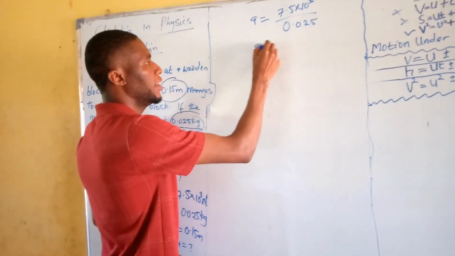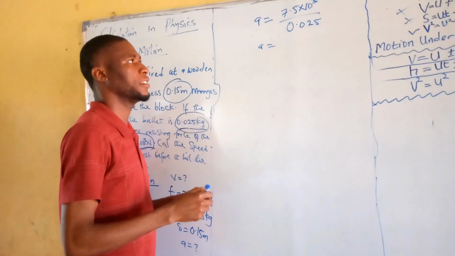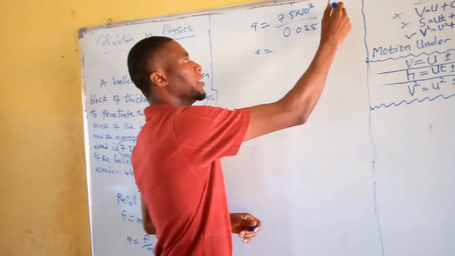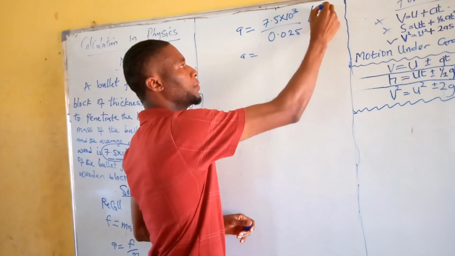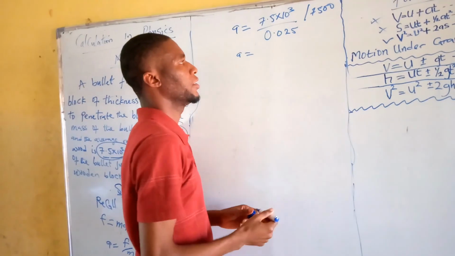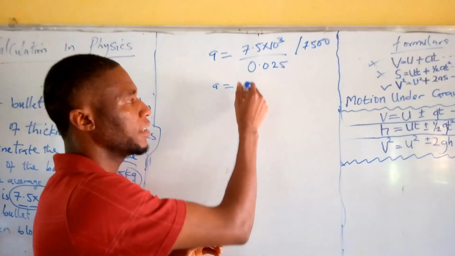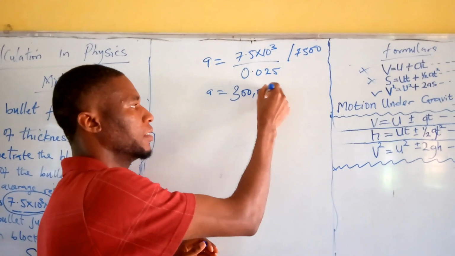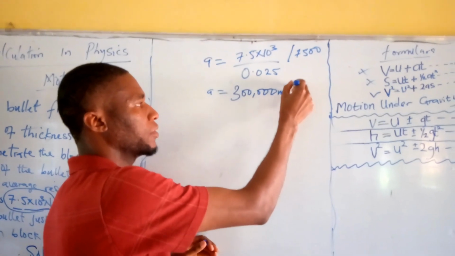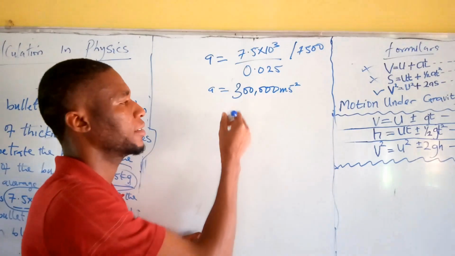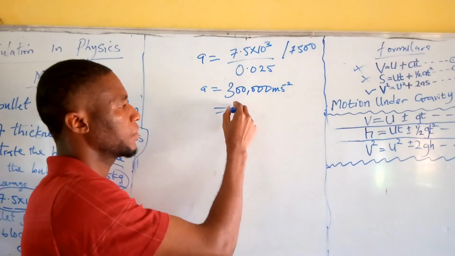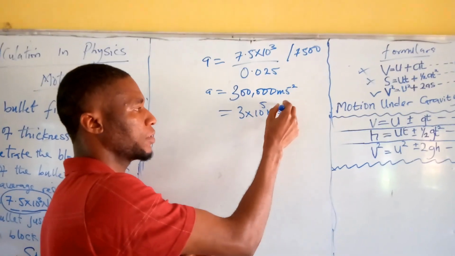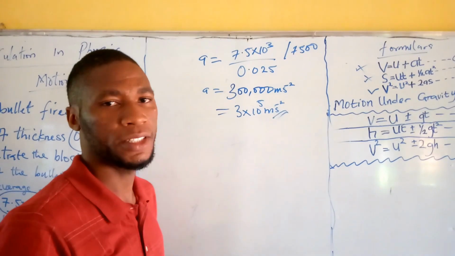So dividing this by this is the same thing as 7500, and dividing it by this is the same thing as 300,000 meter per second square, which is the same thing as 3 times 10 raised to the power of 5 meter per second square. So this is our answer.